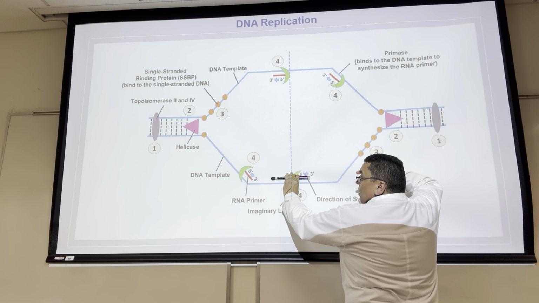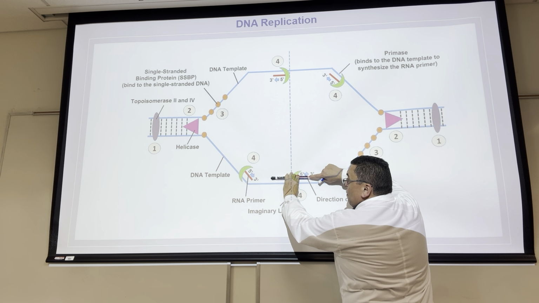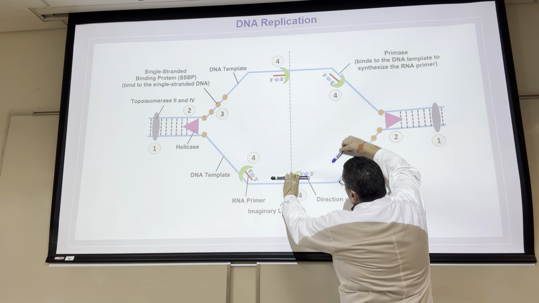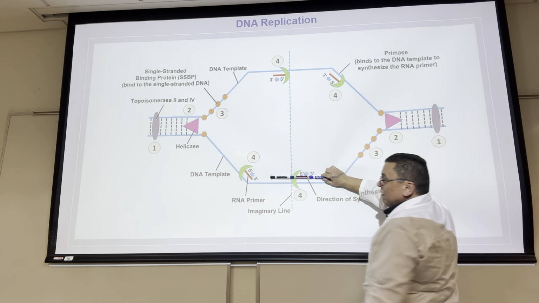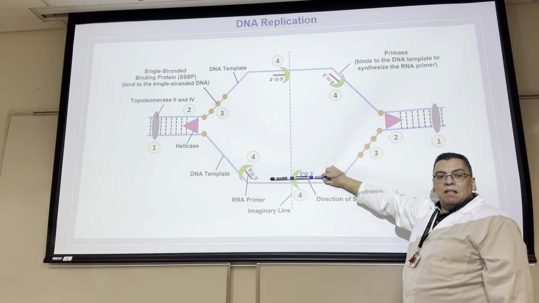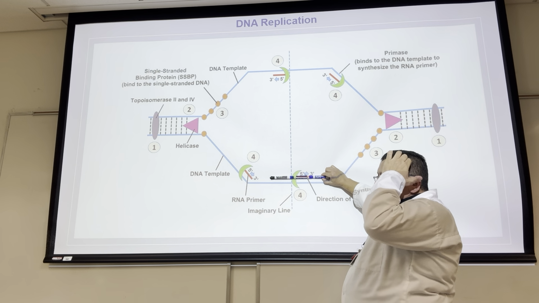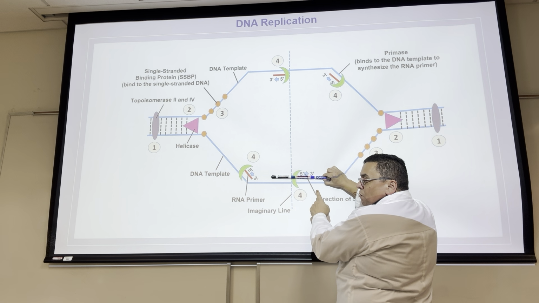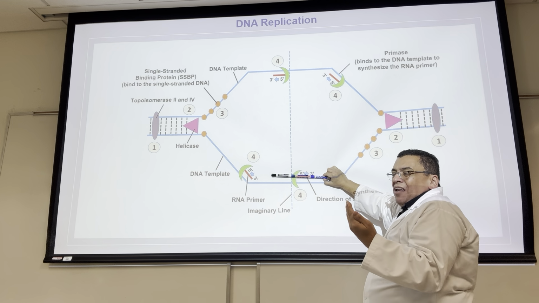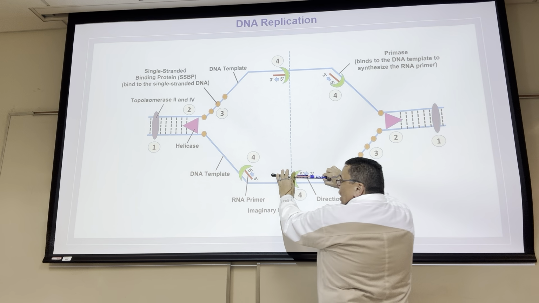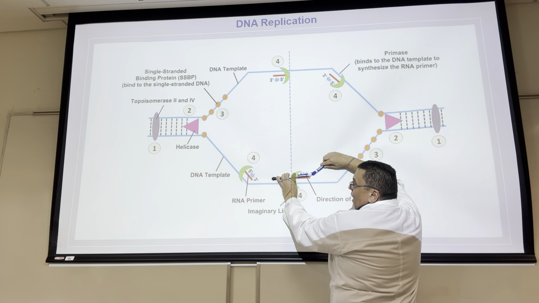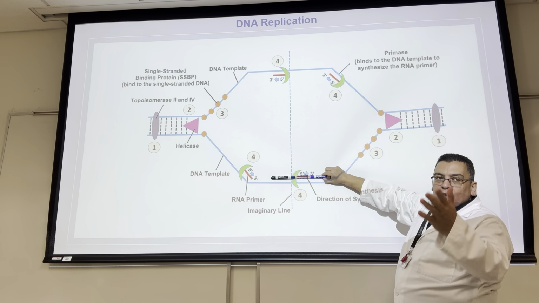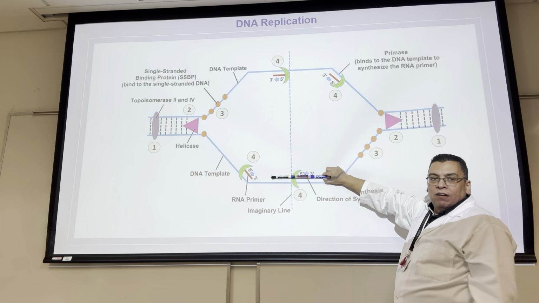DNA polymerase 3 is going to come in and bind to this 3' end right here, so that it will take the DNA nucleotide and attach it there. You see that? That means this primer told DNA polymerase 3 where to start, yeah? And it also gave it the hydroxyl group to be able to attach the first nucleotide. Do you agree? Good.